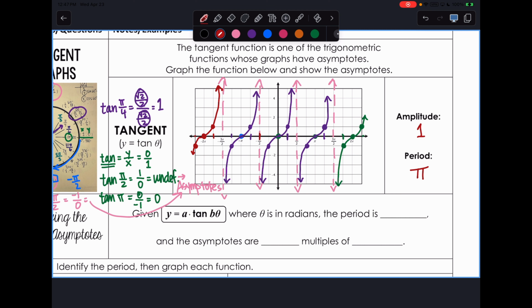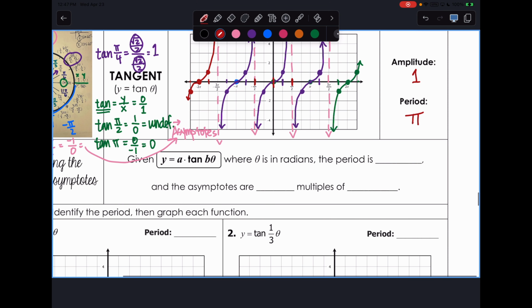Because it's half from the center to the left and center to the right. So what's half plus half? 1 whole, right? 2 halves is 1 whole, yes? All right, so given y equals a times tangent of b theta, where theta is in radians, the period is pi divided by the absolute value of b.